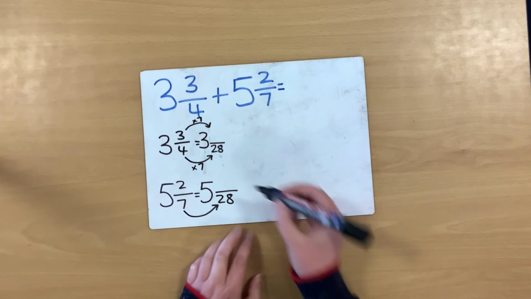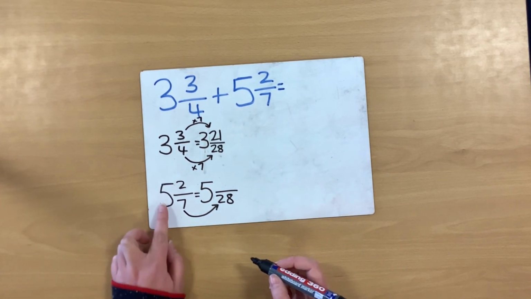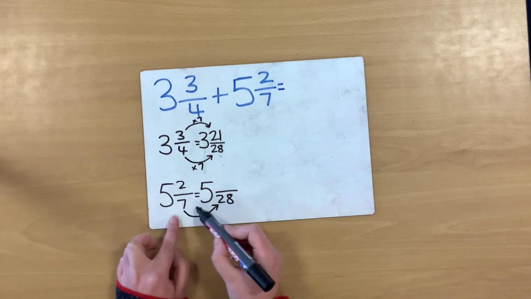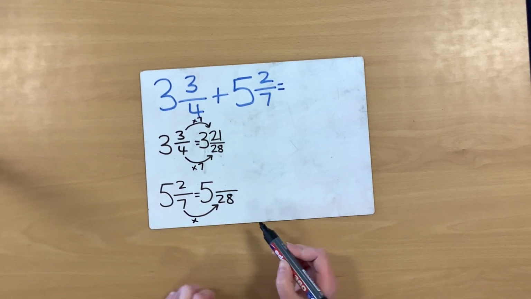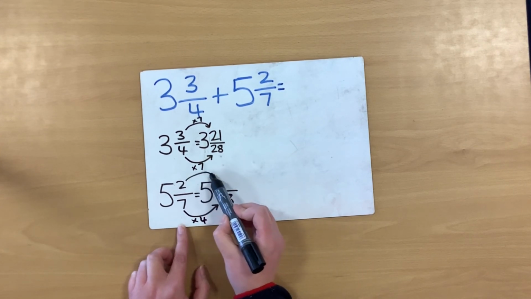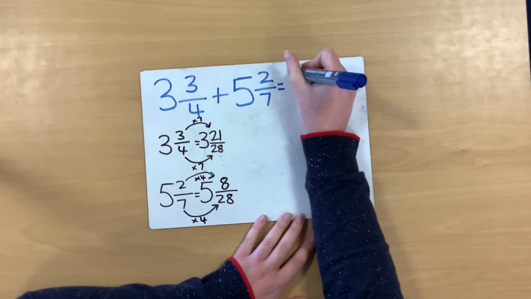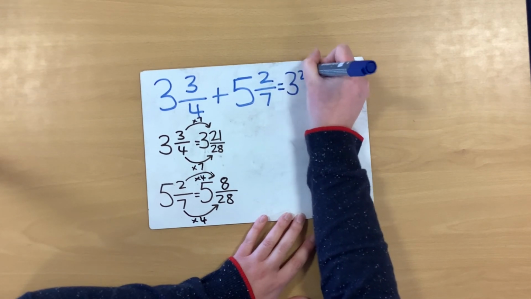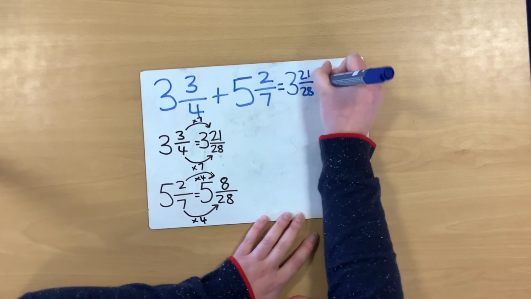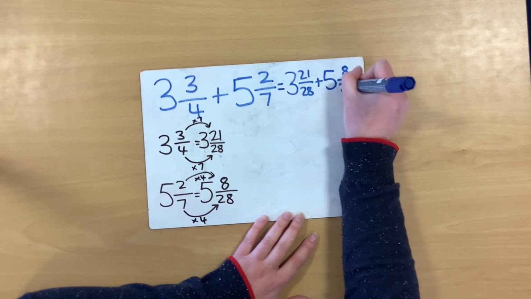So 3 times 7 is 21. And then my second fraction, 5 2 sevenths, what do I do to 7 to get 28? I multiply it by 4, and then the same to the top. 2 times 4 is 8. So now we've got our new calculation, which is 3 21 28ths, add 5 8 28ths.